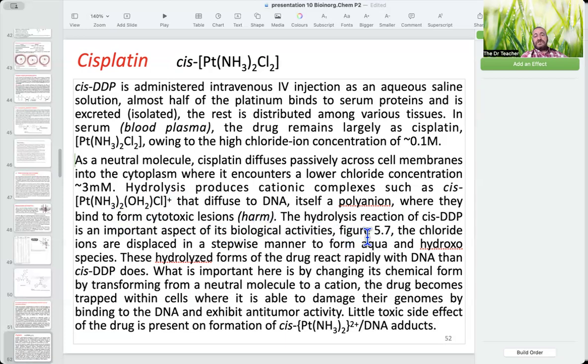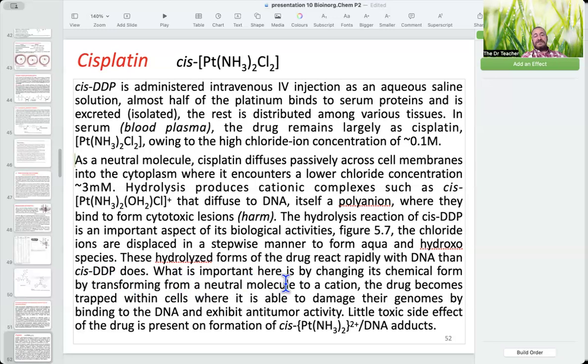The hydrolysis reaction of cisplatin is an important aspect of its biological activity. The figure shows the chloride ions are displaced in a stepwise manner to form aqua and hydroxyl species. These hydrolyzed forms of the drug react more rapidly with DNA than cisplatin does.